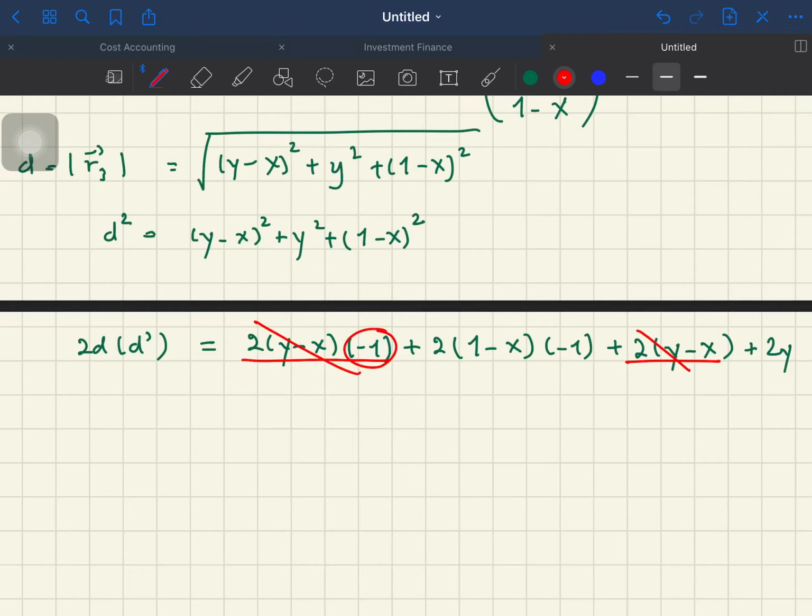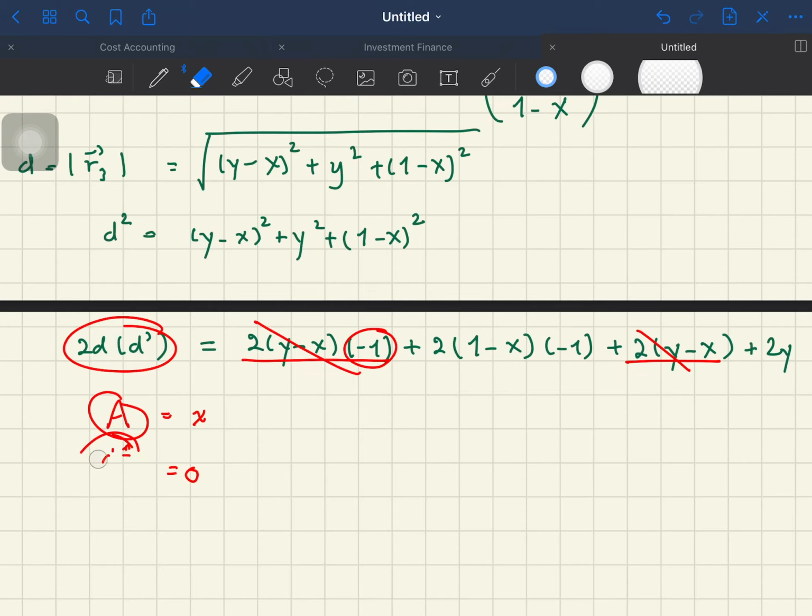When you differentiate the d here, you must also have d prime as 0, because it's just like when you find the area in terms of x, when you differentiate the area with respect to x, this one will be equal to 0. Imagine that a is also a distance, while x, y are the variables. You differentiate the distance with respect to x and also with respect to y, your d prime itself will also equal 0. Okay, this is just a quick concept.